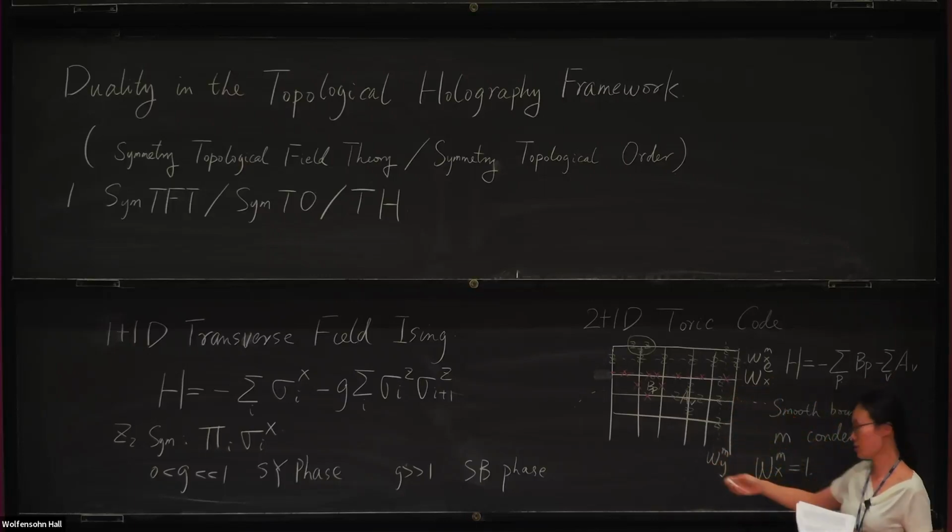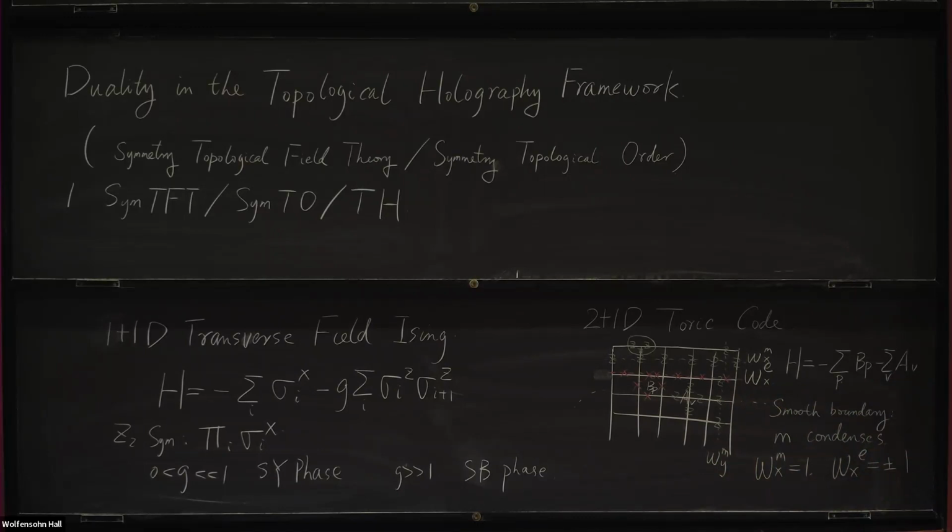And this is, of course, a Z2 operator, so this WXE can take value of ±1. Okay. So this actually becomes the Z2 symmetry of the sandwich, because it commutes with everything.